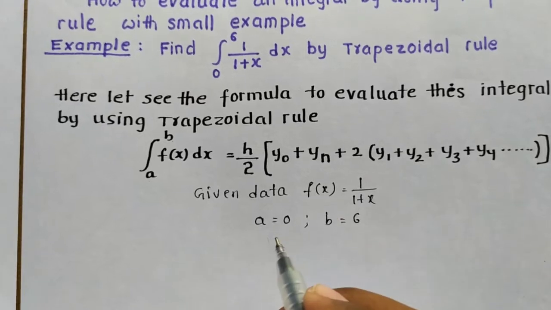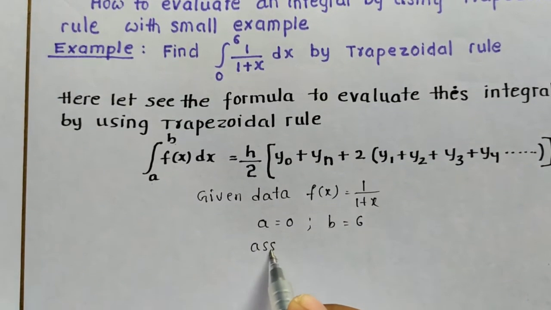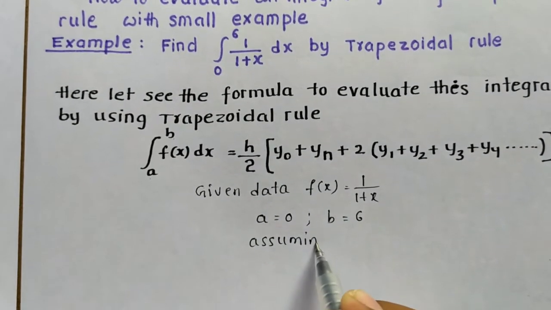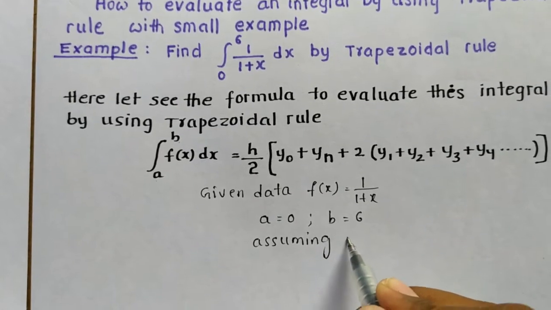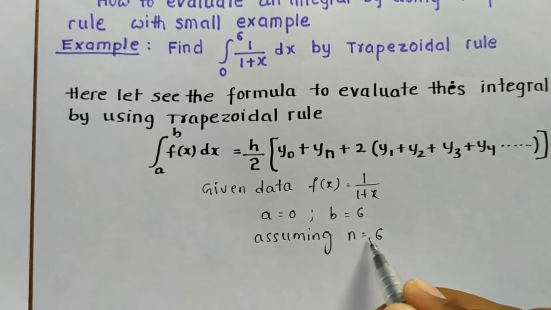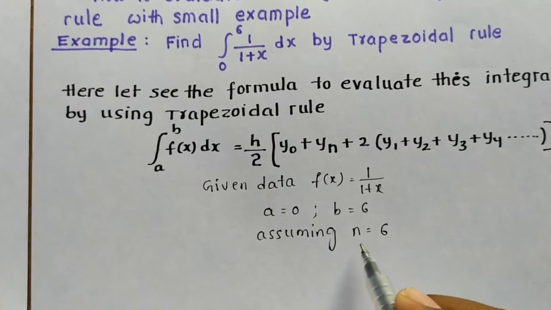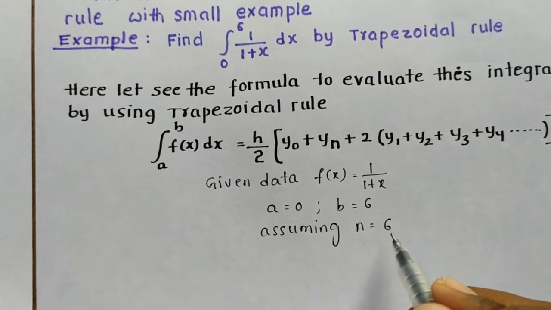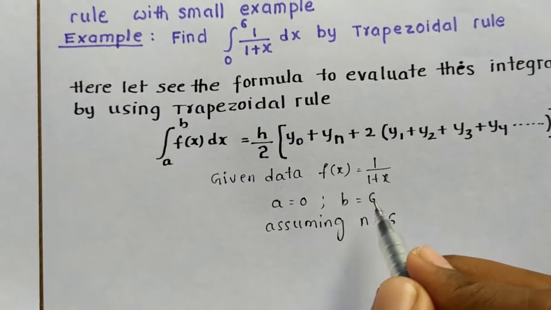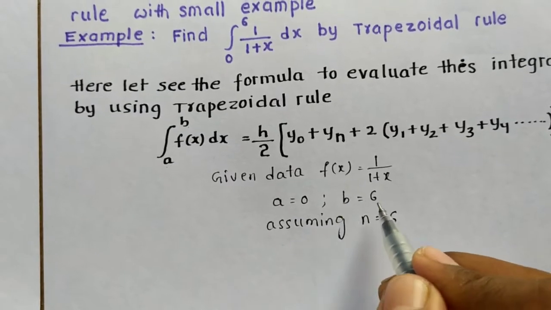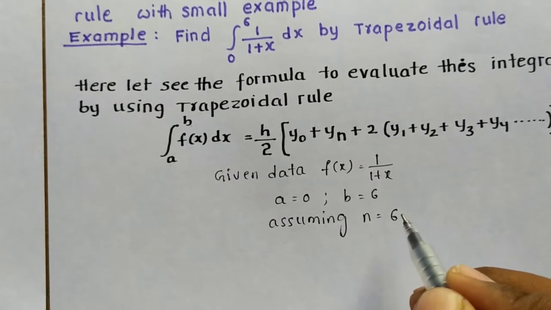Here I am assuming the number of subintervals n equals 6, so between 0 and 6 we divide into 6 subintervals.